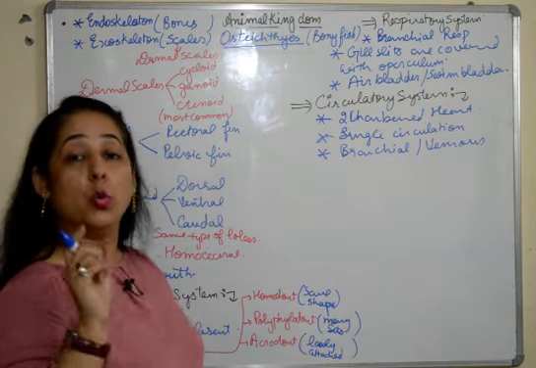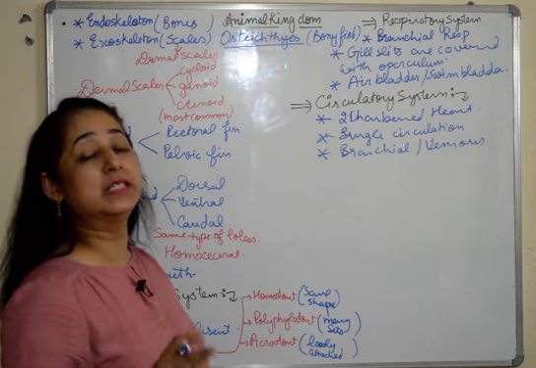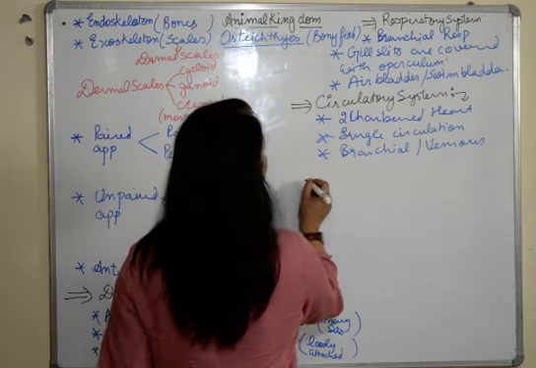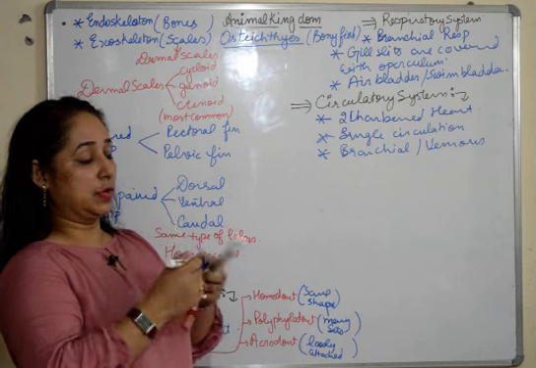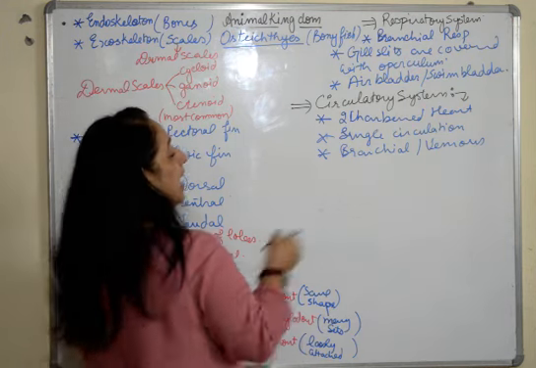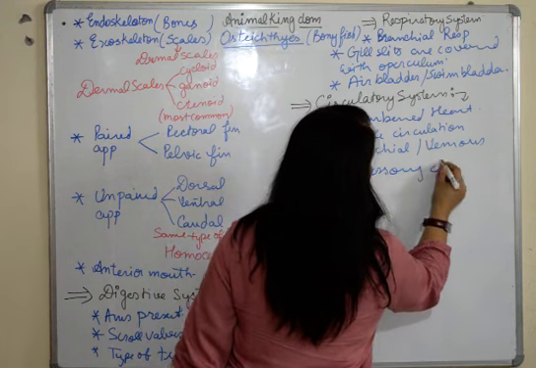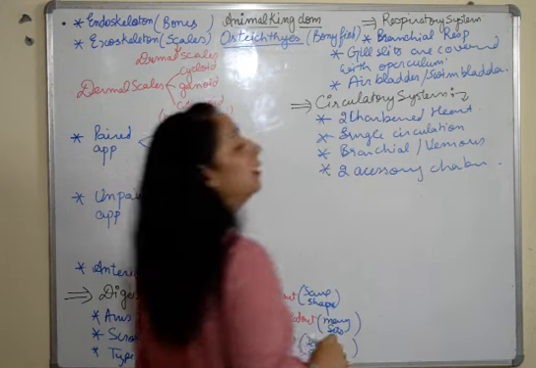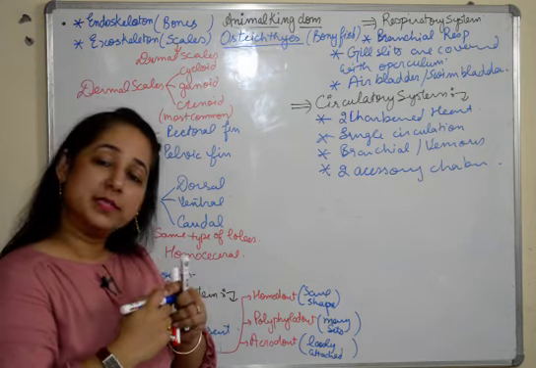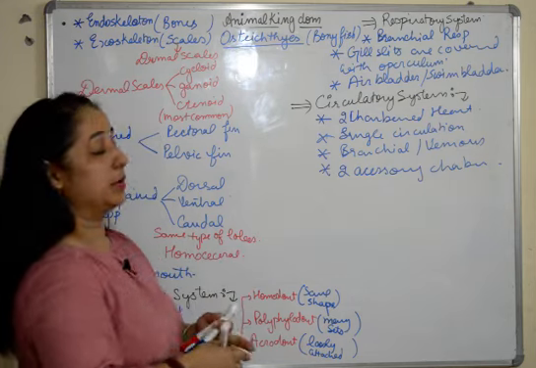The heart through which only deoxygenated blood flows is the branchial or venous heart. Plus it also has two accessory chambers as were present in the cartilaginous fish.